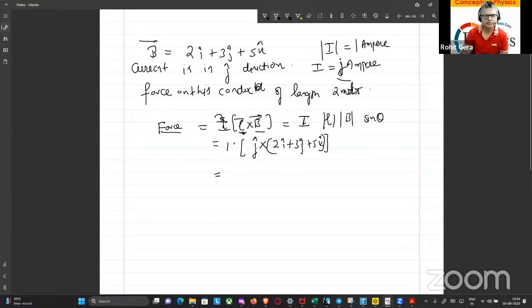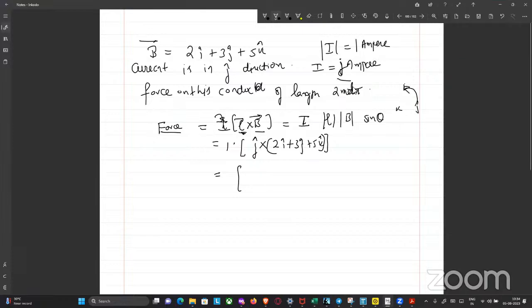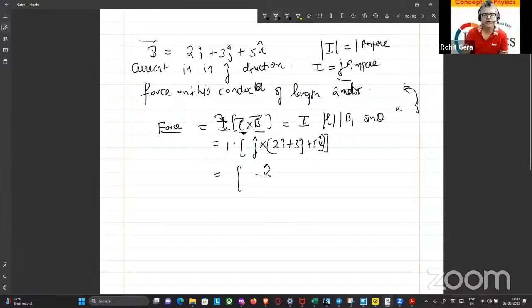So I J K, J cross I gives minus K, J cross J gives J sine 0, which is zero, and J cross K, which is I. Answer.